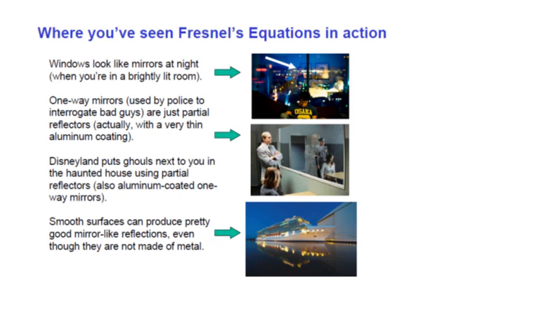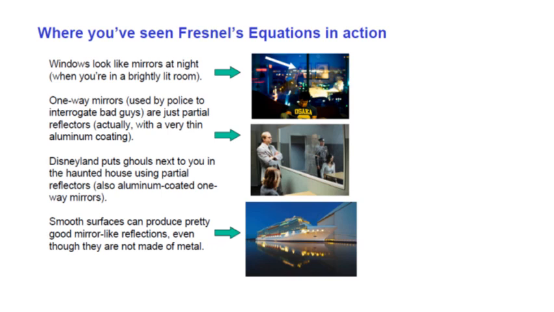The one-way mirrors used by police to interrogate suspects are just partial reflectors; actually, a very thin aluminum coating is there. On one side it looks like a mirror, but from the other side it does not. Disneyland puts ghosts next to you in the haunted house using partial reflectors. You can create many illusions.